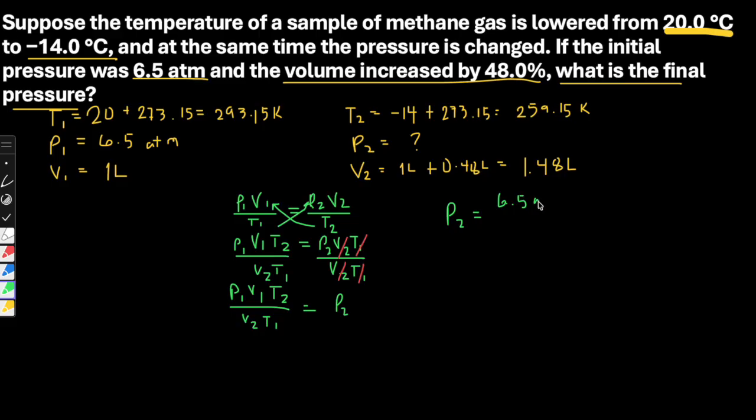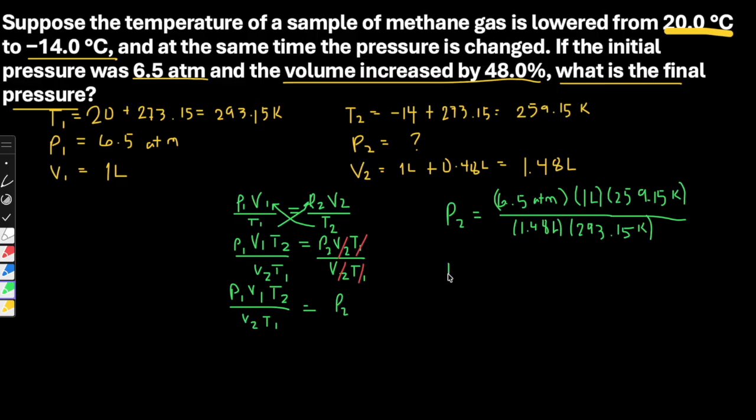So just right there, 6.5 atm times V1, that's 1 liter, times T2, that's 259.15 Kelvin, divided by V2, which is 1.48 liters, and then T1, which is 293.15, and that is in Kelvin.